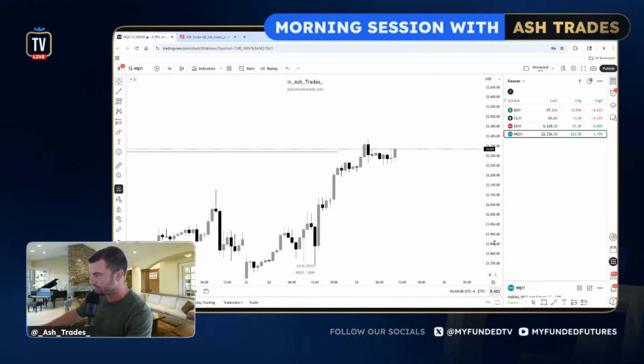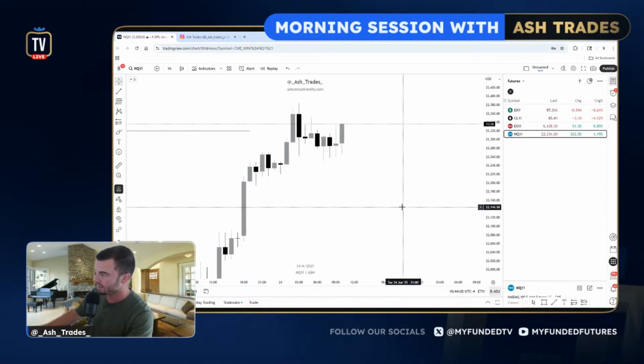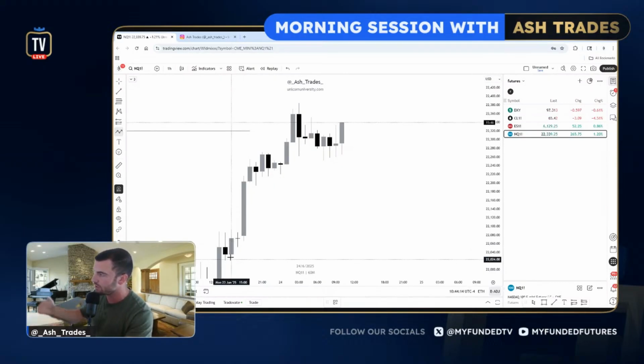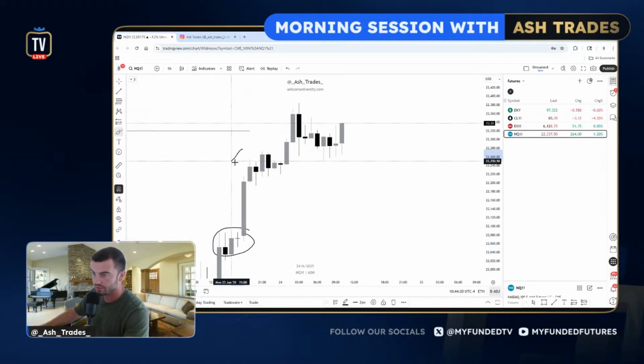And what I just stated was, if we get a change in the state of delivery, right? So a change in the state of delivery, whatever you want to call it. Again, I really don't care about the terminology, but a change in the state of delivery is a change in trend, right? So if we're looking at the trend, we're making higher lows, higher high, higher lows, higher high, higher lows, right?